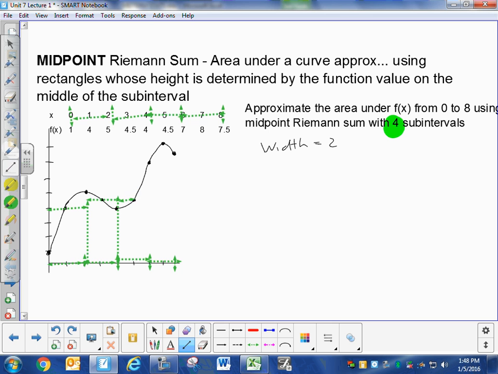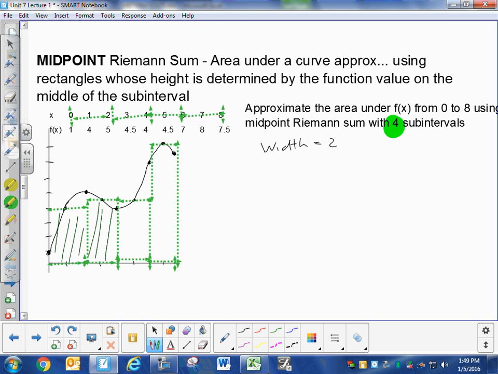Okay, middle heights. And up here, you would circle 4, 4.5, 4.5, and 8 as they are in the middle of your intervals.